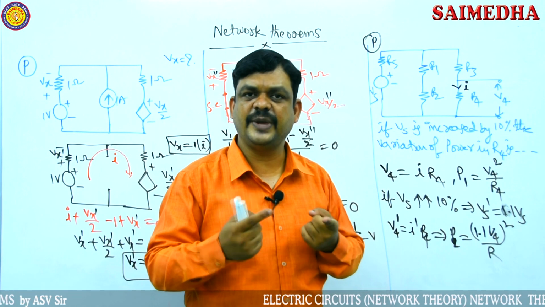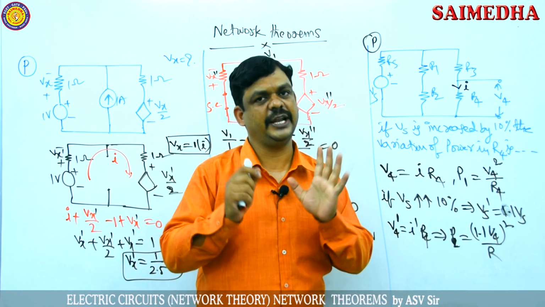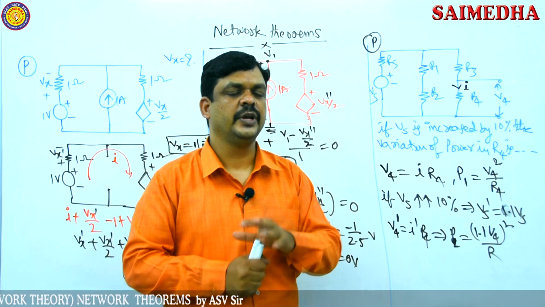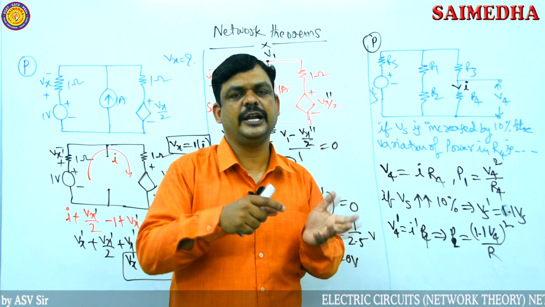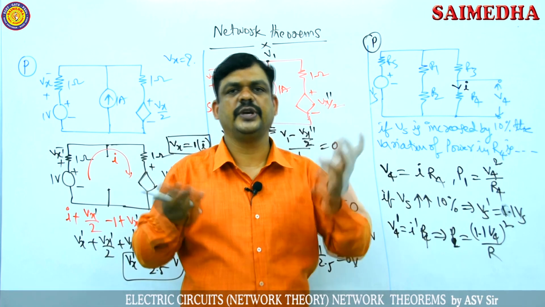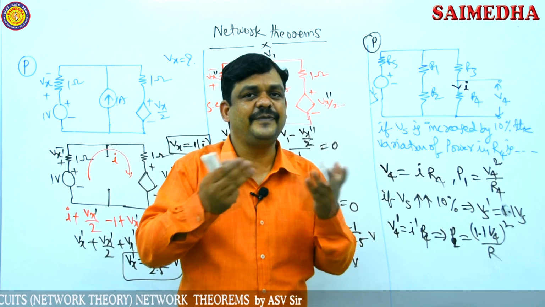So the responses we have to take are voltage and current. Don't take power directly; don't write power as 1.1 into P1. Voltage and current are directly proportional: if the input voltage increases, the output voltage also increases, and the output current increases by the same factor.